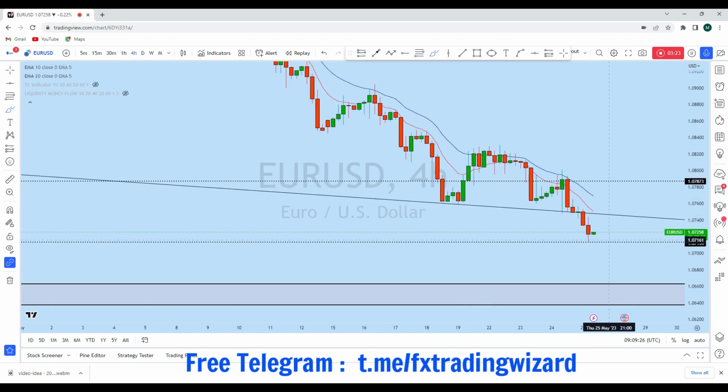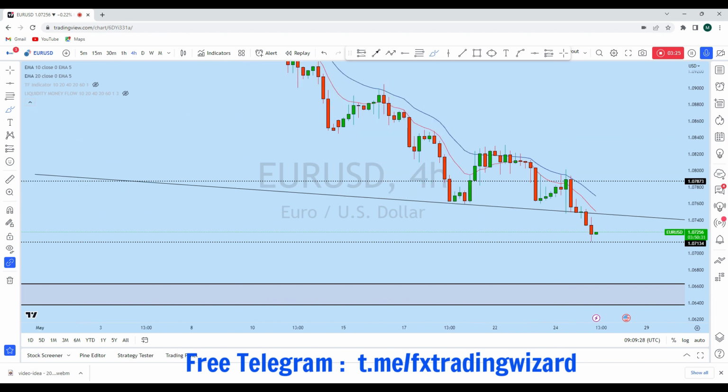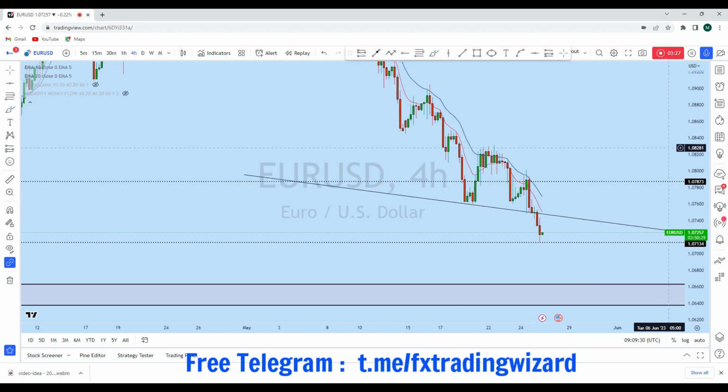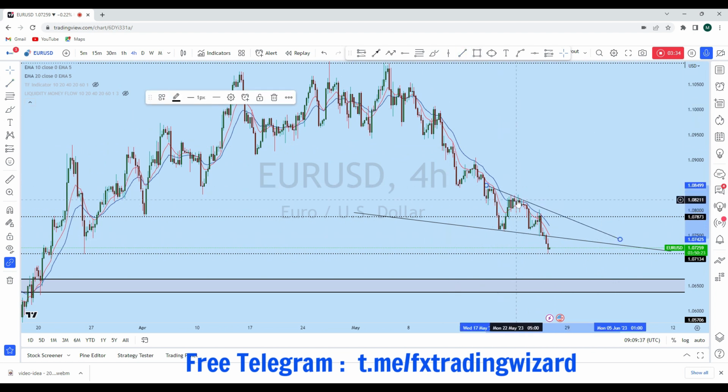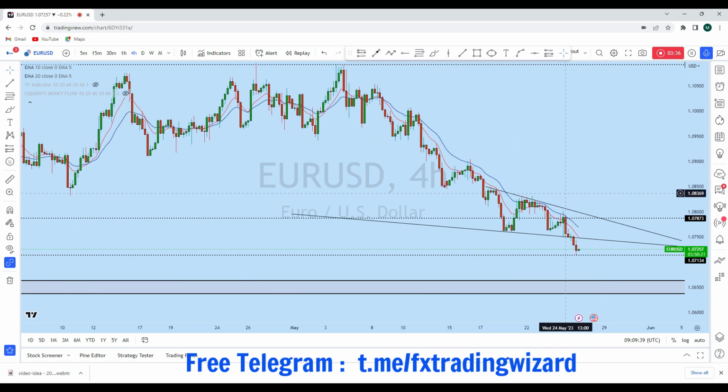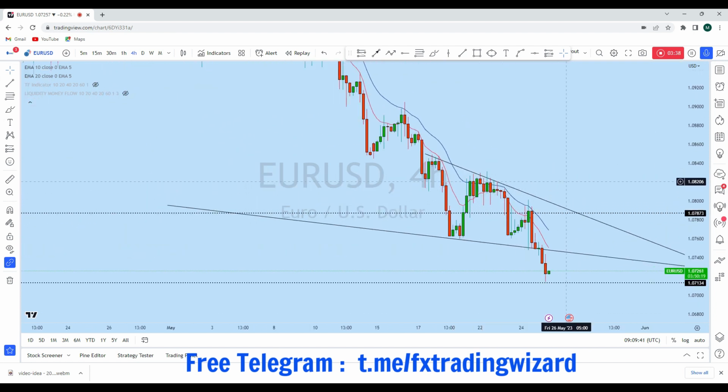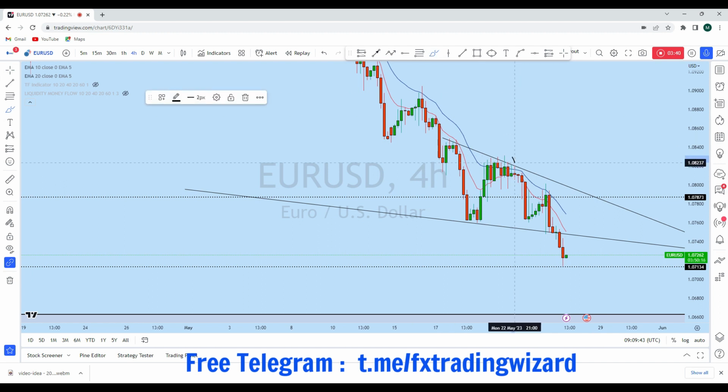Now from the lower time frame perspective, from intraday, we can see that this market is forming a typical downtrend. This is the weekly opening here. Multiple times the big boys gathered liquidity in that zone, then it dropped and corrected to the previous neckline of this previous support, now resistance.